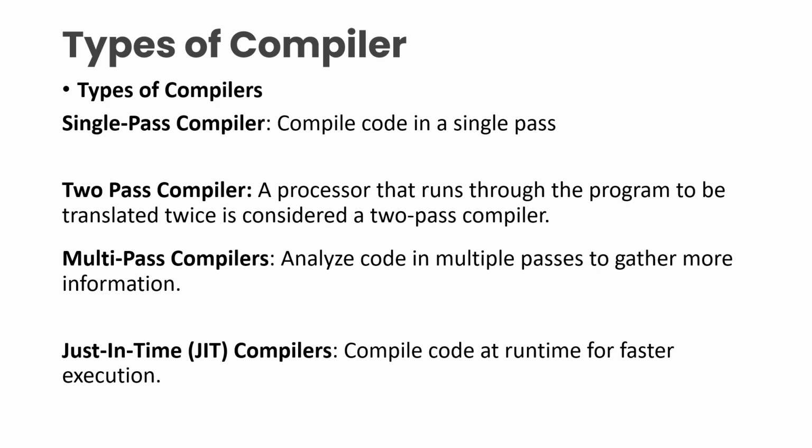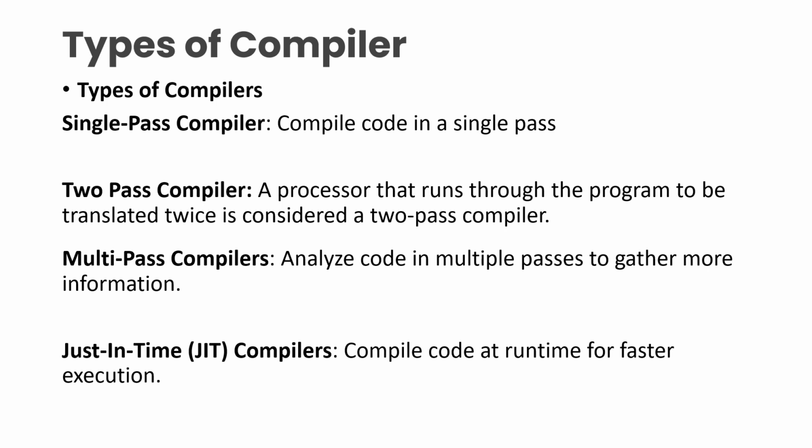Now, what are the types of compiler? There are many types of compiler, but these are the majorly used ones. The first one is the single pass compiler, which means we compile the code in only one single pass. There are many phases in compilation, and these phases are used only once. That's why its name is single pass compiler.